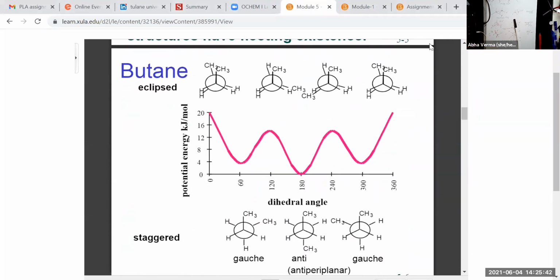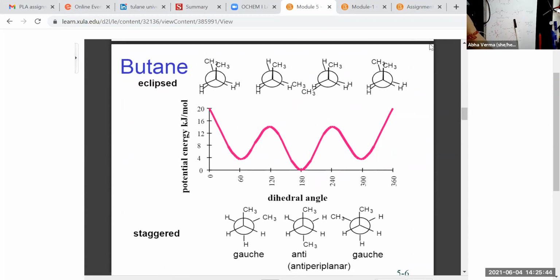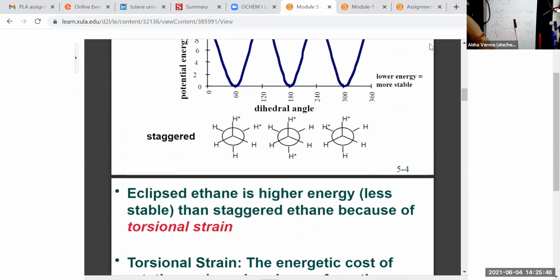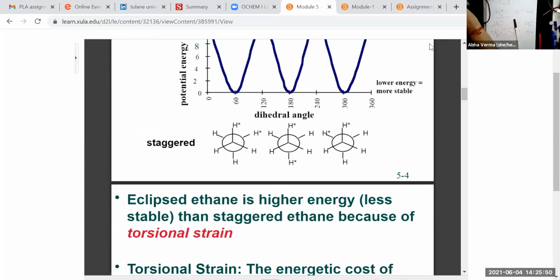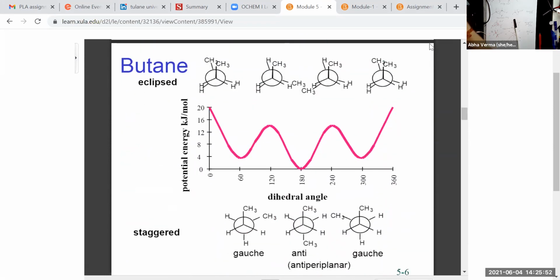I'm sorry, butane. In butane, unlike ethane, where all your energy differences were between 0 and 12, in butane we have energy differences right here and then right here also, right?